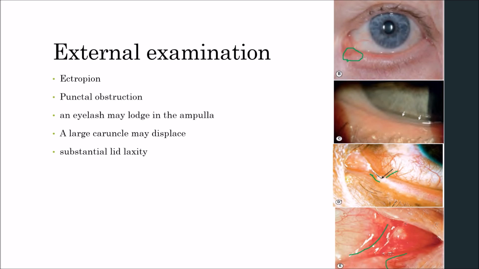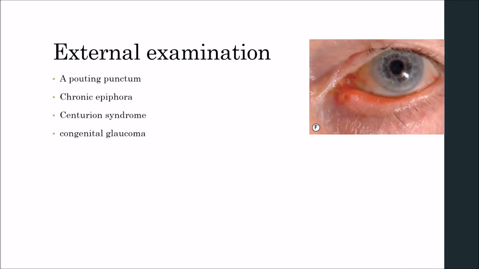Then, in the presence of substantial lid laxity, the puncta may rarely override each other, which can also result in watering. Now, a pouting punctum, as seen here in this figure, is typical of canaliculitis, which we will discuss in detail later on in another lecture.